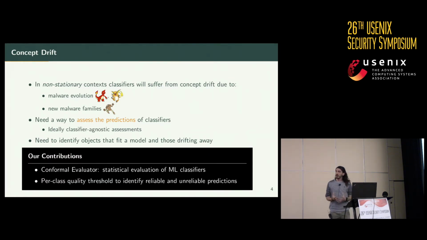Our contribution is Conformal Evaluator, a framework that enables you to statistically evaluate the predictions made by a machine learning classifier. We also identify per-class thresholds that enable us to mark a prediction made by a classifier as reliable or unreliable.